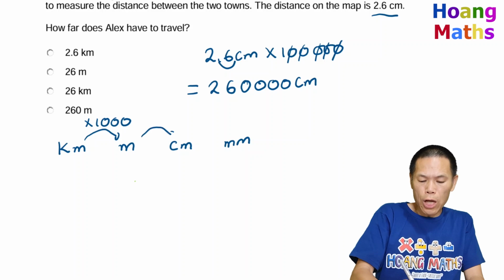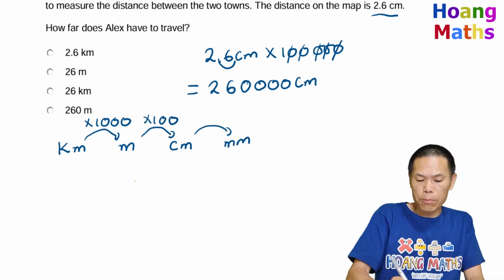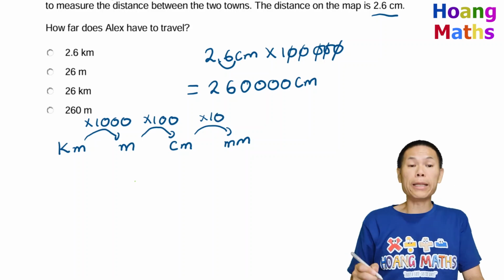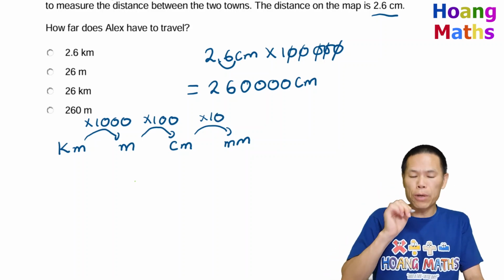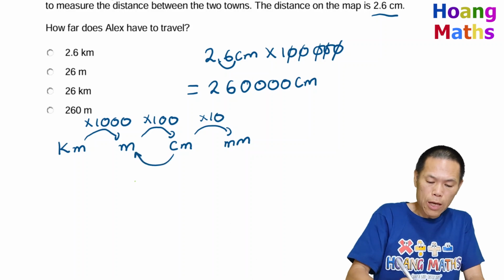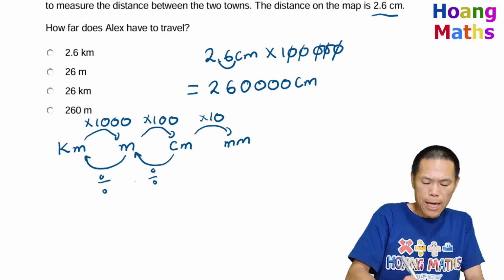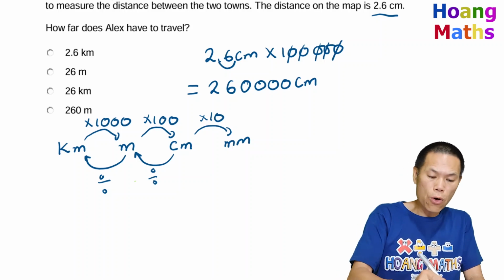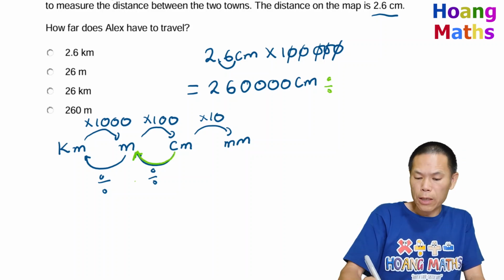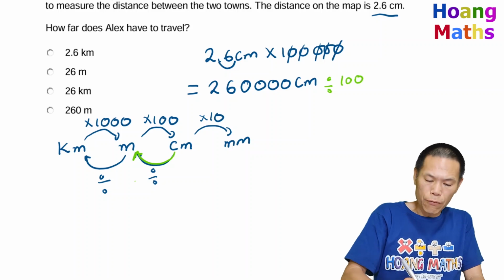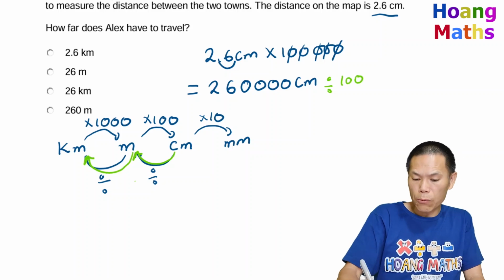Then each time we go, 1 zero less, so it becomes 100, then 10. But then we're going backward from centimeters to kilometers. So from here to here, we divide by 100. From here to here, we divide by 1,000. So from centimeters to meters, divide by 100. Then from meters to kilometers, we divide by 1,000.